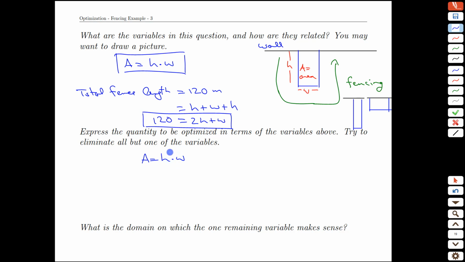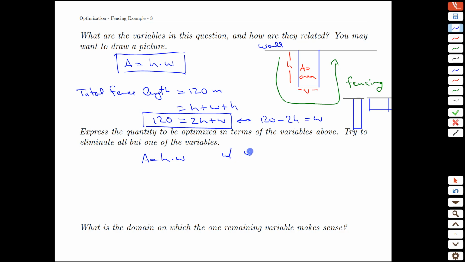So I shouldn't leave both of these variables in there as is. Fortunately, we can do a quick substitution here and recognize that if we know the height, say, let's bring it to the other side, 120 minus 2h. If we know what the height is, then we can calculate through this and get just w left over.